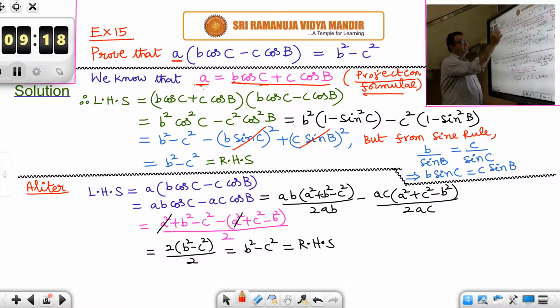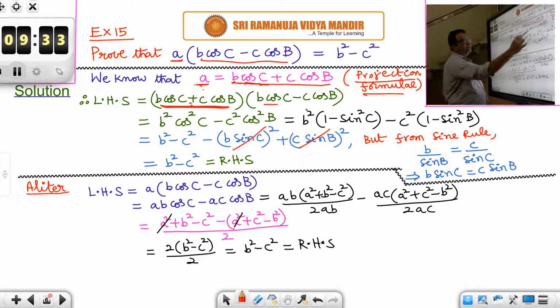So in place of this small a, that way I am using this formula, b cos C plus c cos B, and he has given another factor with minus sign in between. Same 2 terms only, but minus in between.